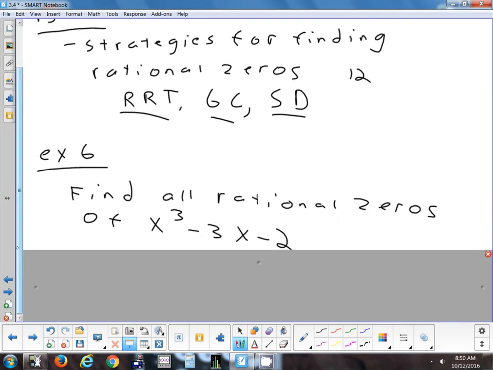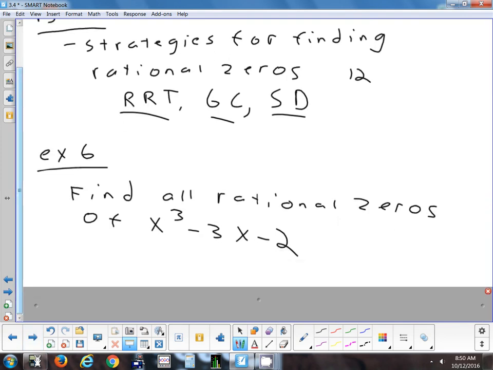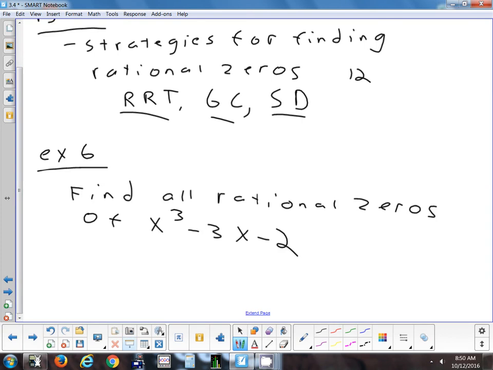So I want you to find all the roots for this cubic. X cubed minus 3x minus 2. Okay, so if we can't find a rational root here, we're probably going to be stuck. You have to be able to find at least one rational root, which is going to allow you to use synthetic division.